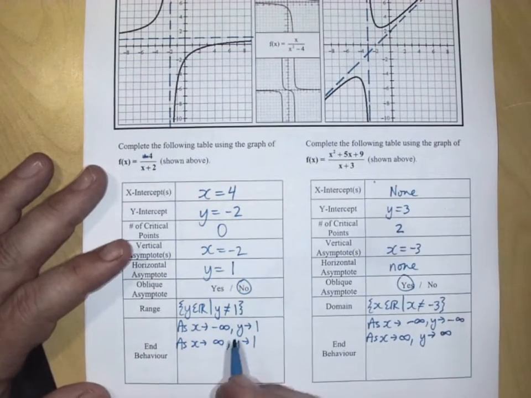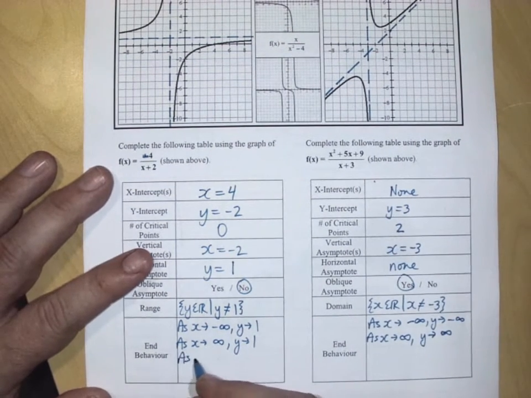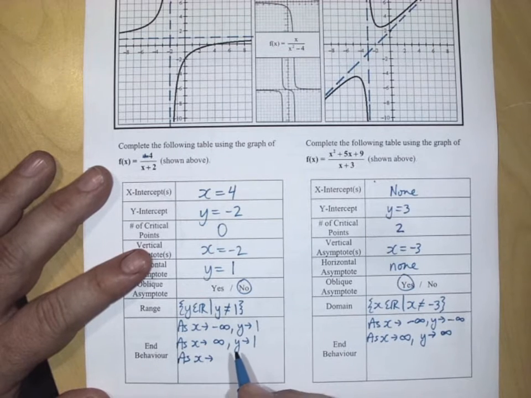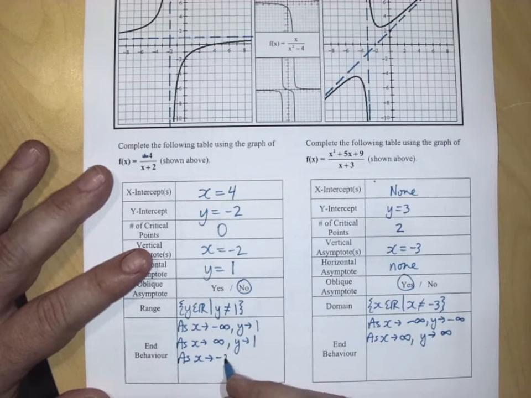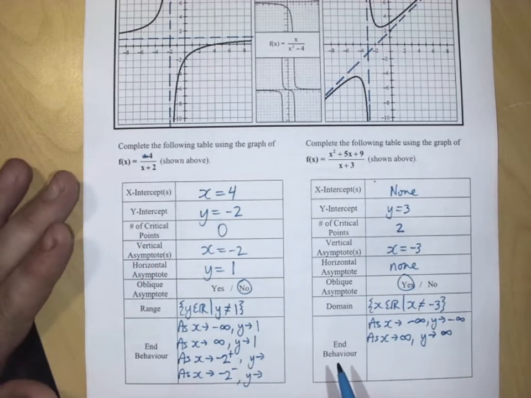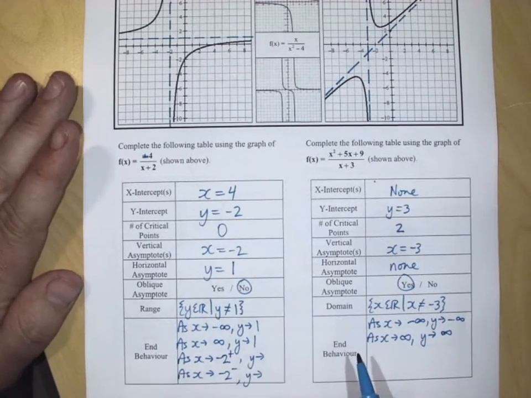There's also more, and I'll let you figure that out. As x approaches -2 from the right, and as x approaches -2 from the left, what does y do? I'll let you figure that part out. You can look at the previous lesson to help you figure that out.